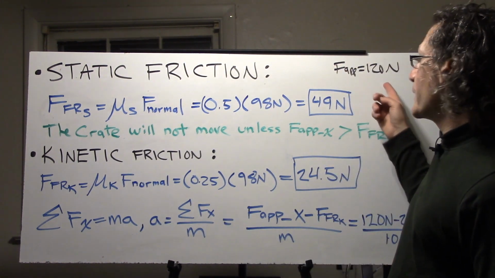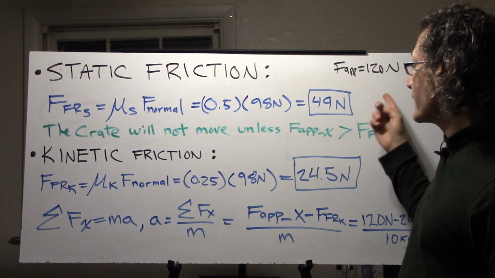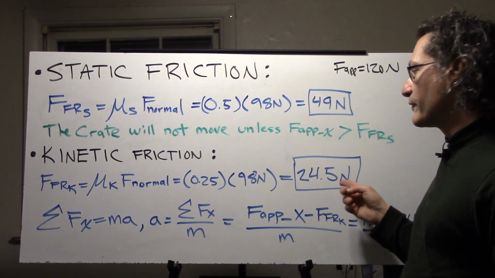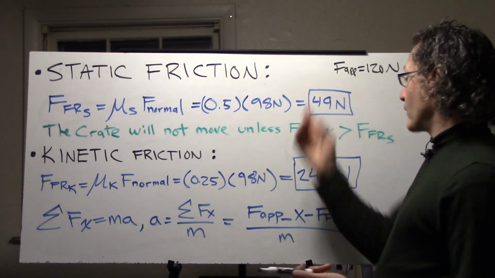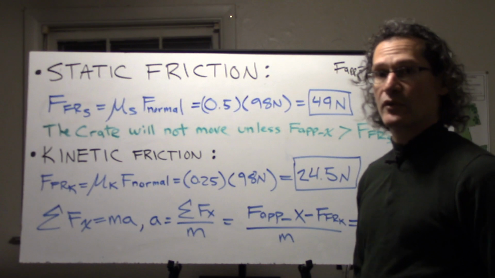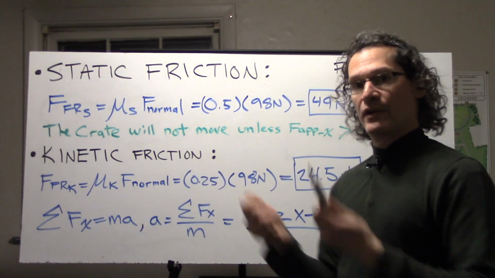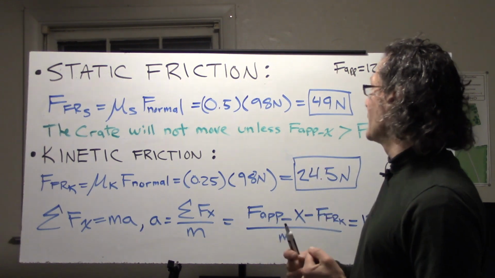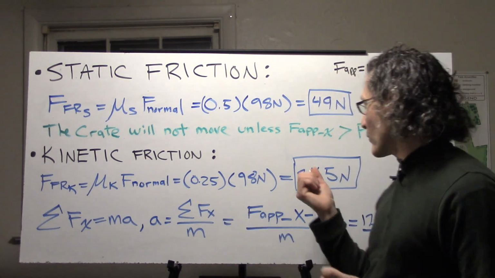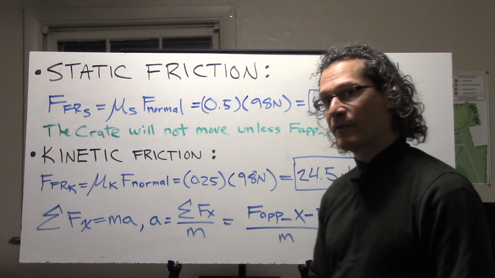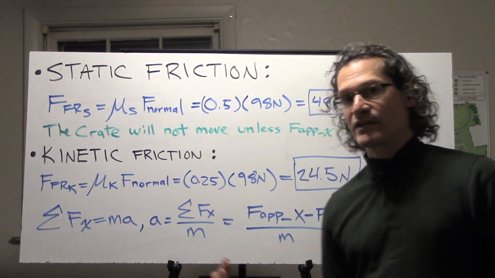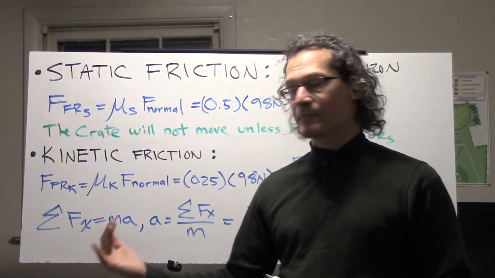So the 120 newtons is going to compete against this 24.5 newtons, and because it is greater than 24.5, it will accelerate. To keep it moving though, let's say we let up on the force. Obviously 120 newtons is way more than 24.5, but if you let up to 24.5, it would move at constant velocity. It would no longer be accelerated.